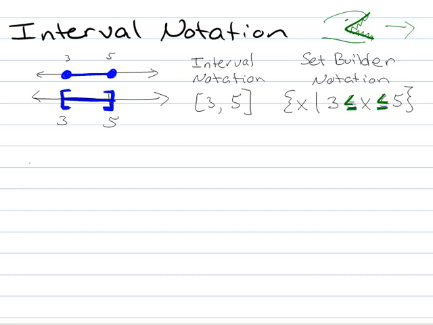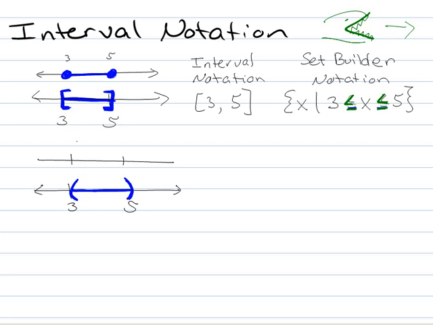Okay. So the next kind of thing that we could have would be something looking like this. We could go from 3 to 5, but we don't want to include the endpoints. So we would include like 4.9999999, but not actually include the 5. We indicate that by using parentheses.